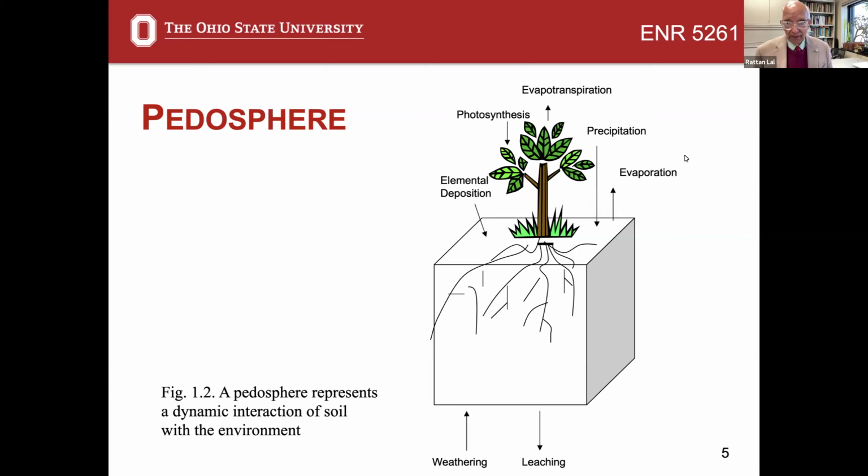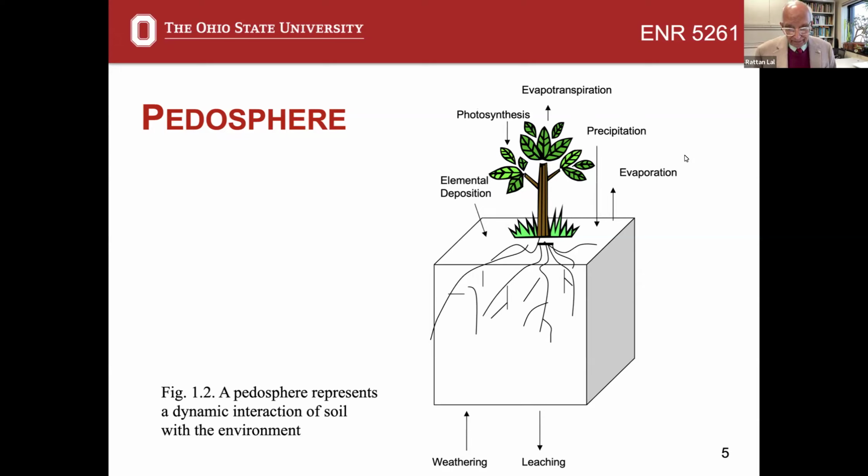And of course, there are many components like photosynthesis, the rate at which the plant grows, evapotranspiration, evaporation, precipitation. These terms are used in the hydrologic cycle.